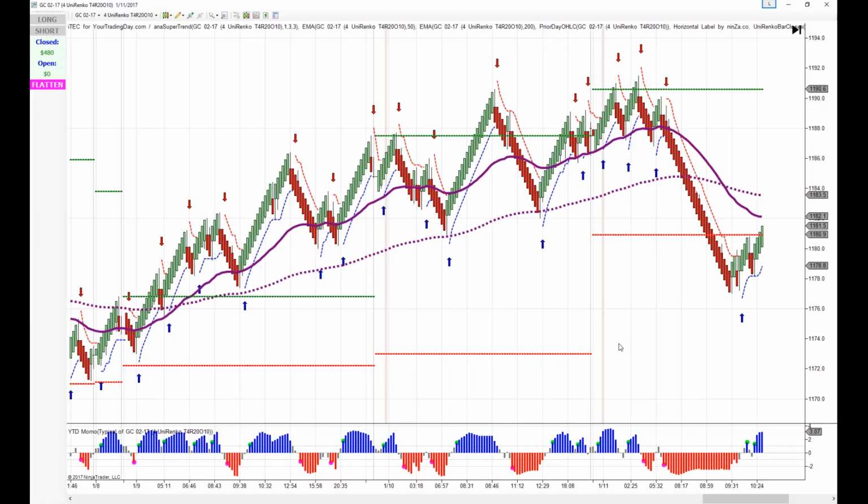If we're looking to sell gold, we want the 50 moving average, like over here to the right, to be under the 200 moving average. That's the first thing we look at. It's easy, and it tells us if we should look deeper.